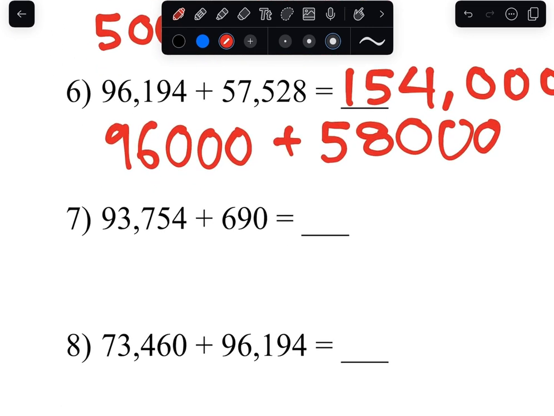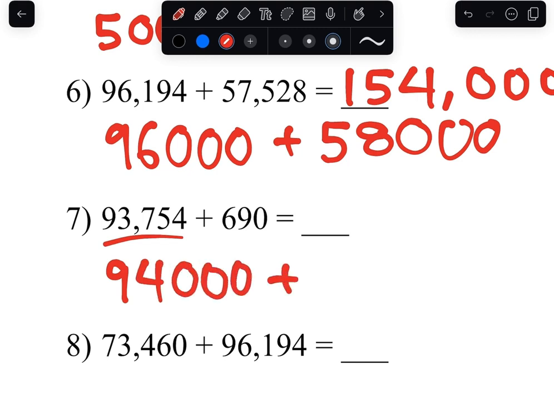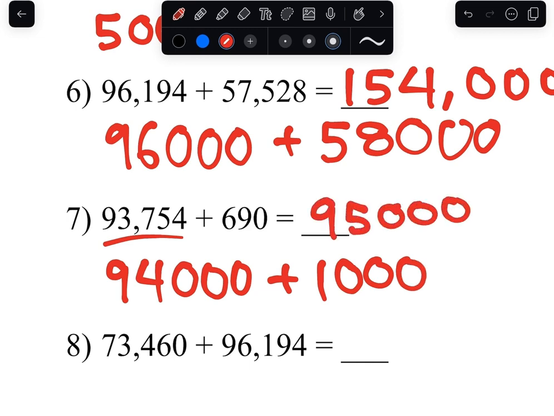Number 7, 93,754 plus 690. This rounds to 94,000, and then 690 rounds to 1,000. 94,000 plus 1,000 is 95,000.